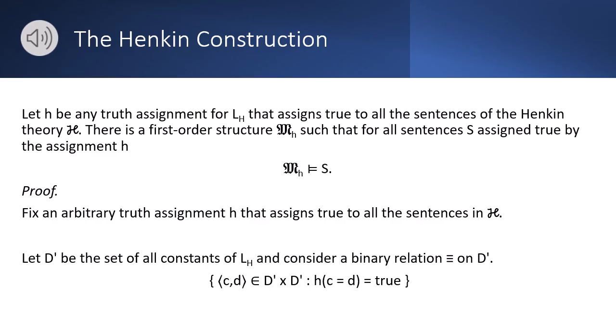You say that C and D are related by this binary relation, where C and D are elements of this domain of discourse consisting of the constants, such that the truth assignment marks C equals D as true. So the truth assignment thinks that the constants C and D are the same.